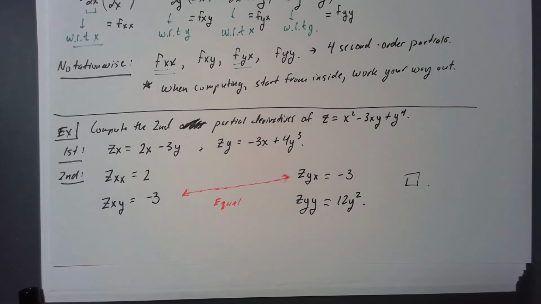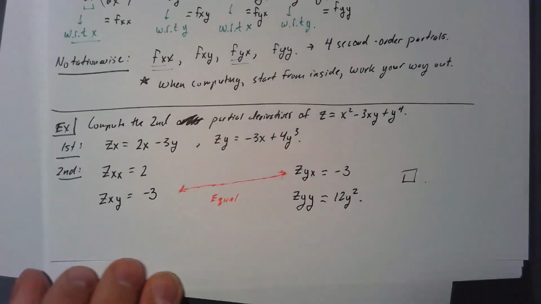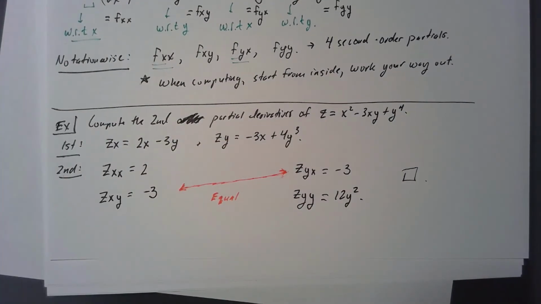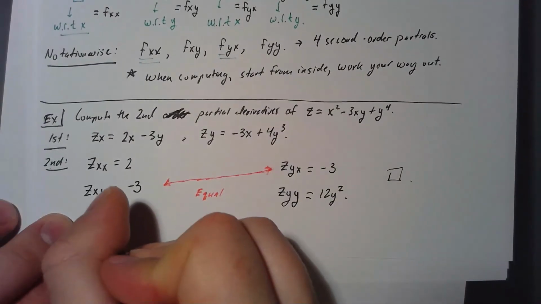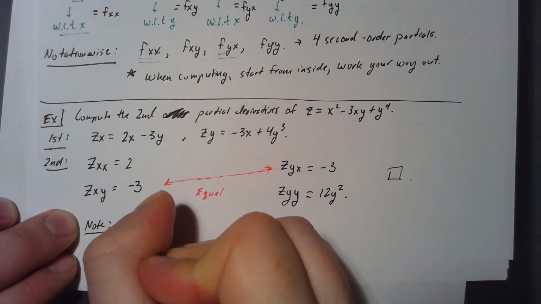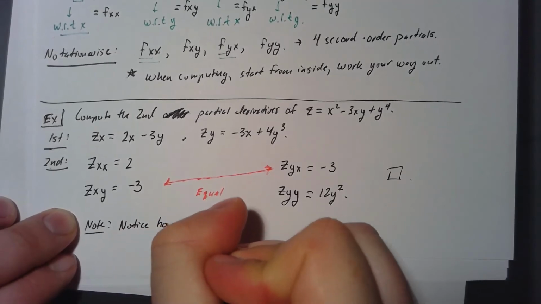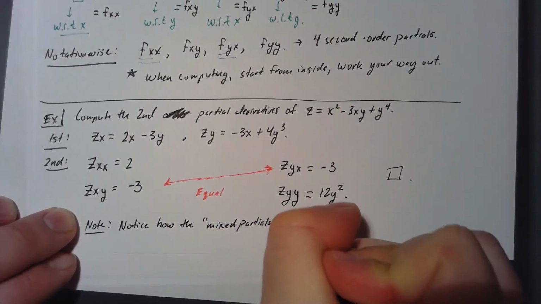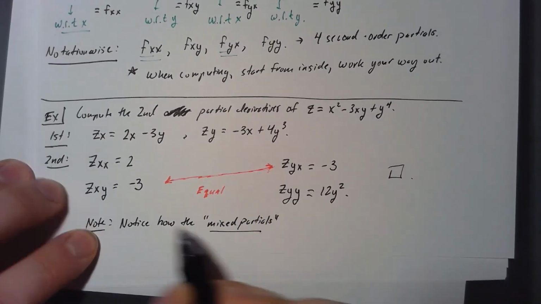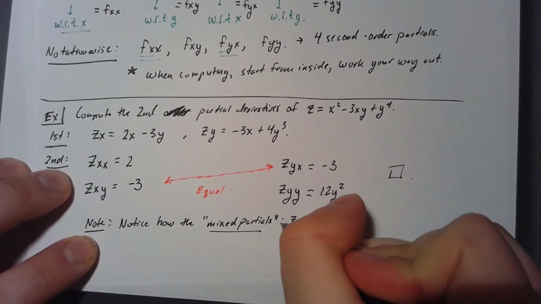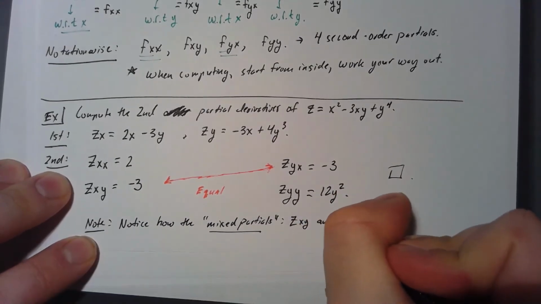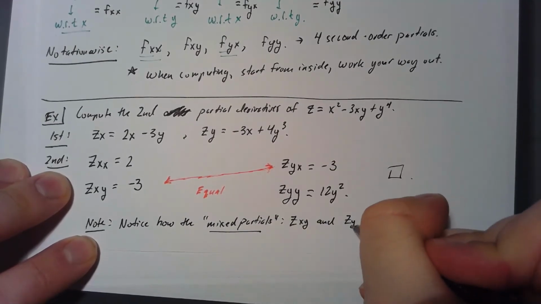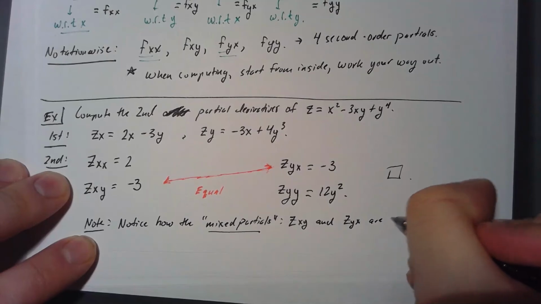So I'll just say right here, note how the, quote, mixed partials. What do I mean by mixed partials? I mean z partial xy and z partial yx are the same.